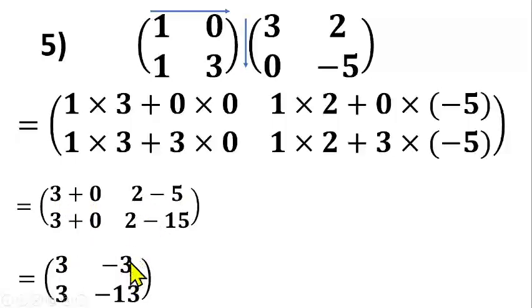The answer is 2, not minus 5. So you have 2. Then 3 plus 0 is 3. 2 minus 15 is what? Minus 13. So when you multiply this matrix by this matrix, you can simplify further to give us 3, minus 13. Do we understand that?